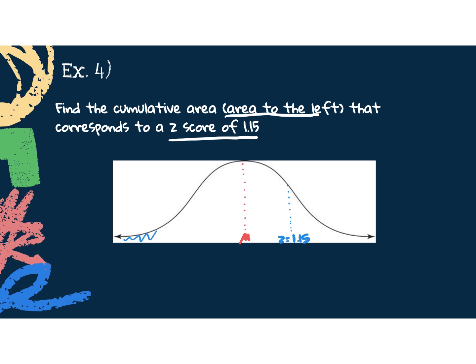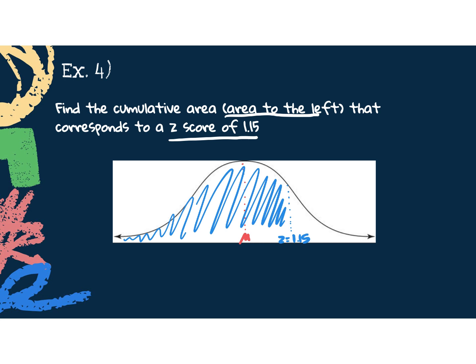We want everything to the left, so we're filling in this area right there. If we find a z-score of 1.15 on our table, it should give us a value of 0.87493. Written as a percentage, that's 87.49%.